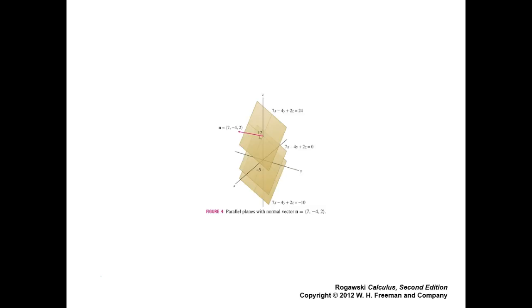P is a plane, and here's the equation for that plane: 7x minus 4y plus 2z is equal to negative 10. I'm going to ask a really dumb question first. What's the normal vector to that plane? I don't know what that plane looks like. I don't know where it is. But what's the normal vector to it?